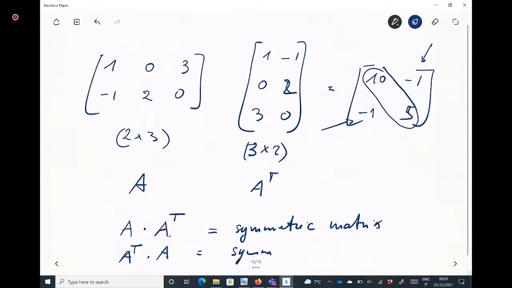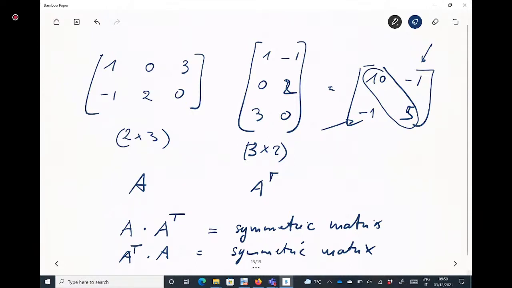So both A times A transpose and A transpose times A are symmetric matrices. Okay? This is a very important property of symmetric matrices.